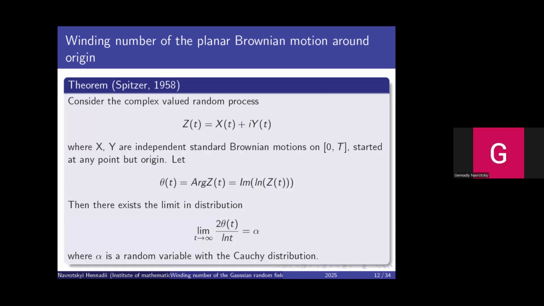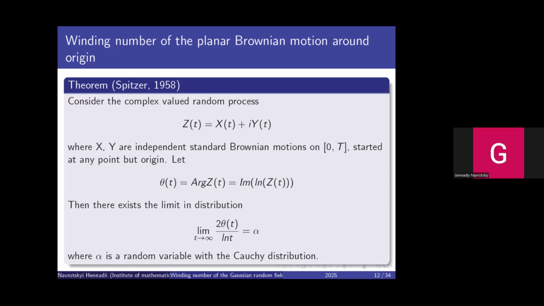consider some results about the asymptotics of the winding number of Gaussian fields, namely planar. In this case, we'll consider the winding number of two-dimensional Brownian motion. The following result was established by Spitzer in 1958 in his paper, Some Theorems for two-dimensional Brownian motion.